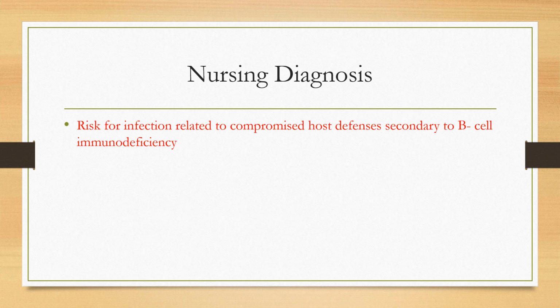This population is at risk for infection because their B cells cannot contribute to maturing their WBCs and battling an infection.